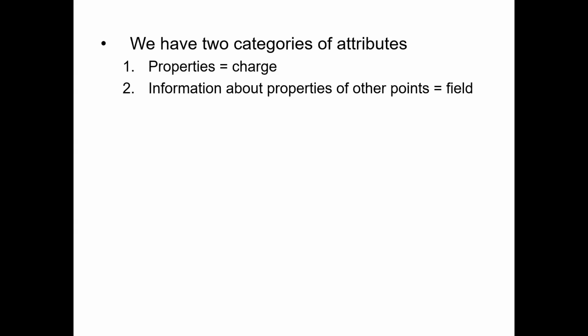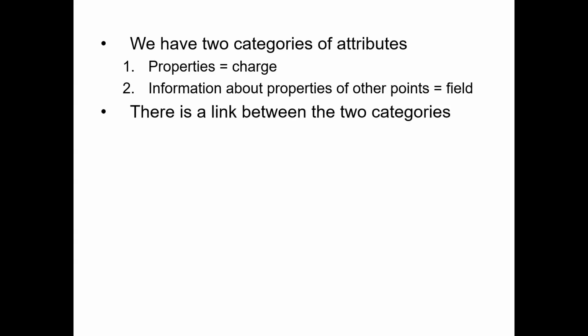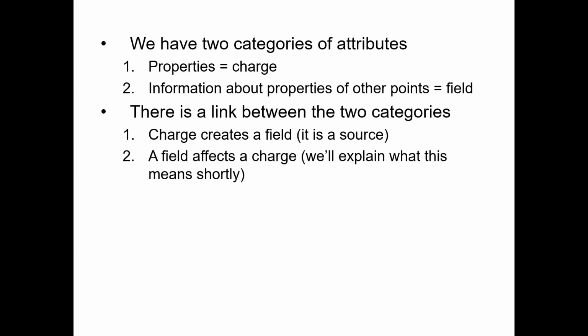And the second one is information about properties of other points, which equals to saying that that point holds a field. Now there is a link between the two categories. The charge creates a field. It is the source of the field. And a field affects a charge. And we'll explain what this means also shortly.